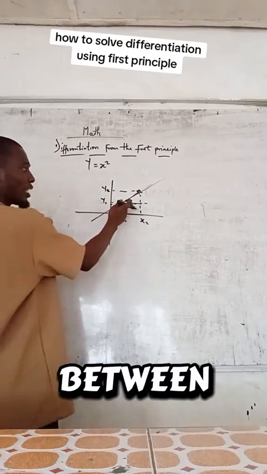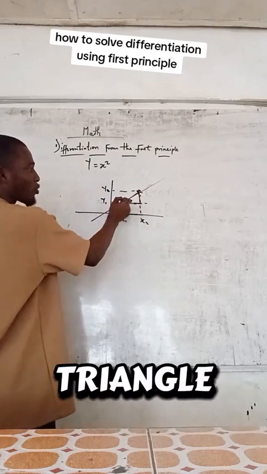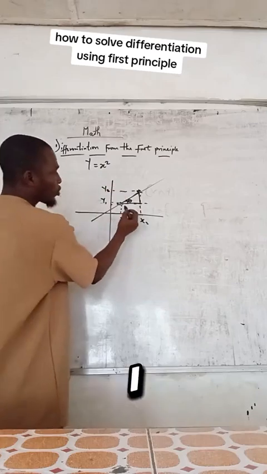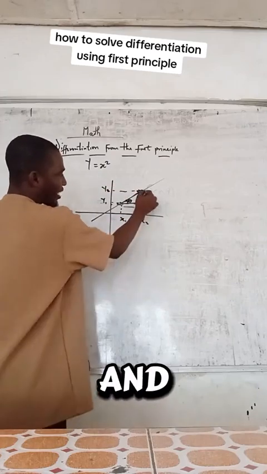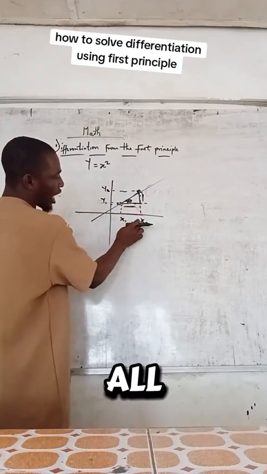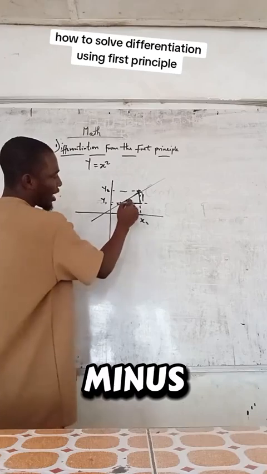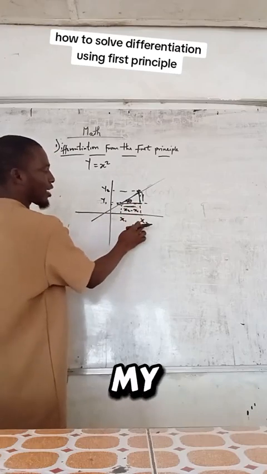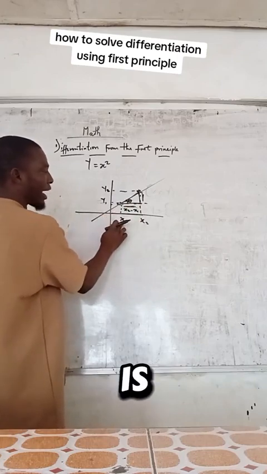The angle between them. So this has formed a triangle indirectly. That means for me to find this angle, I need to find the value of this side and the value of this side. To get this one, all I have to do is x2 minus x1, because from here to this place is my x2, and from here to this place is my x1.